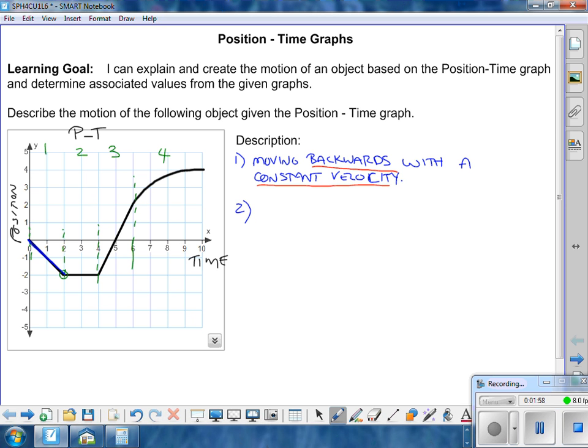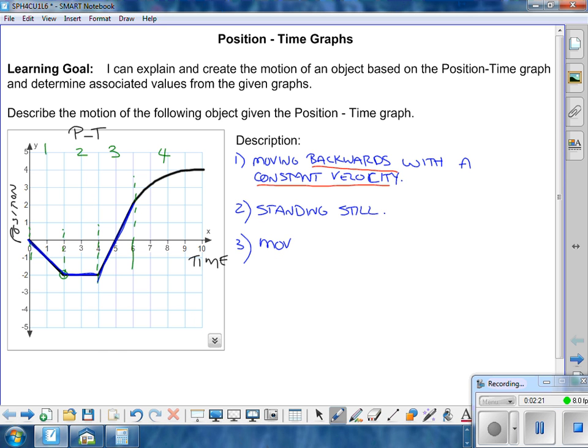Stage 2 is a horizontal line. It means your position has not changed. You're still negative 2 meters from your starting point. So this one is simply standing still. Stage 3 is another line, and it goes up to this curve. So what's happening?